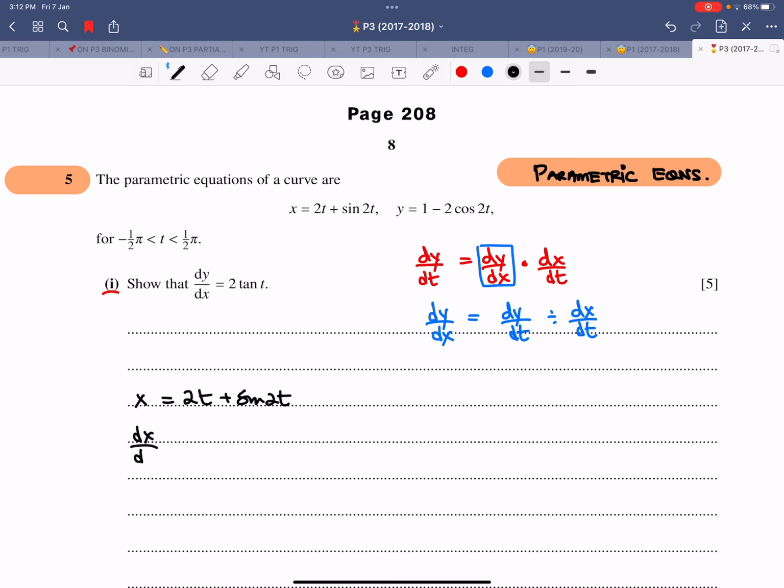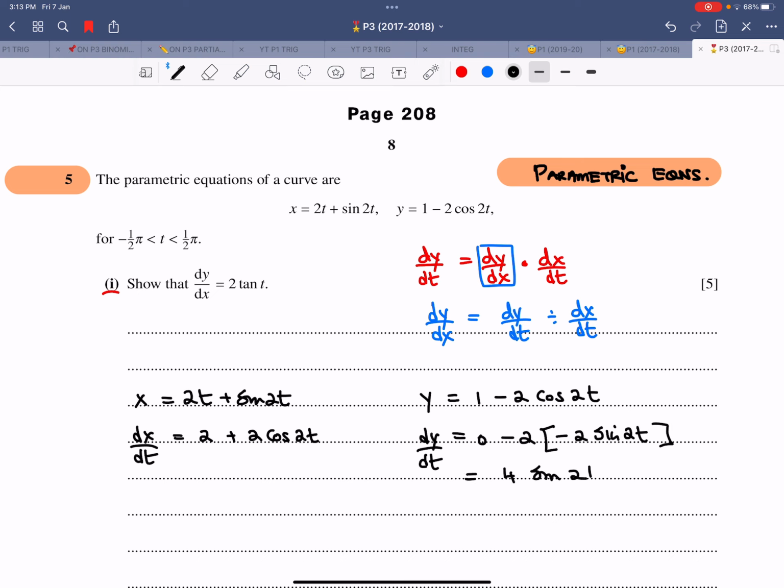Therefore, dx by dt, this is 2 and this is 2 cosine 2t. Similarly, y equals 1 minus 2 cosine 2t. Therefore, dy by dt, that is 0 minus 2 cosine 2t. What's the derivative? Minus 2 sine 2t. So therefore, this becomes 4 sine 2t.